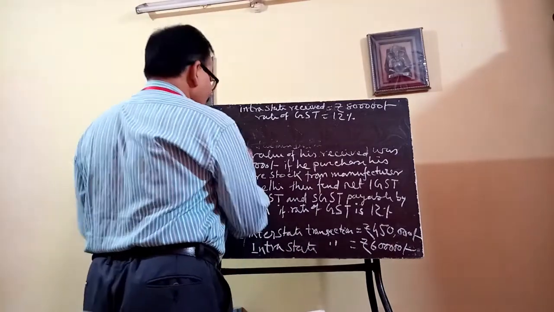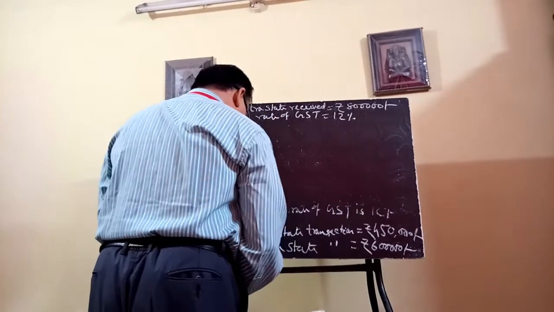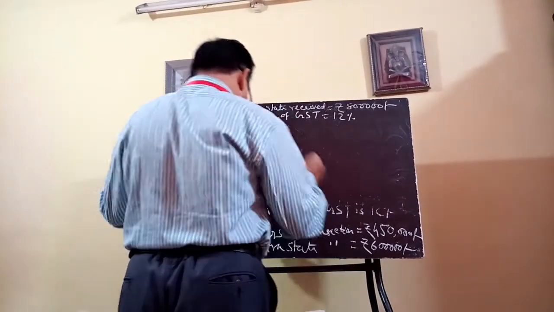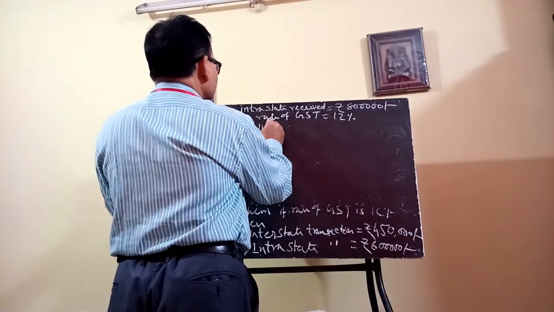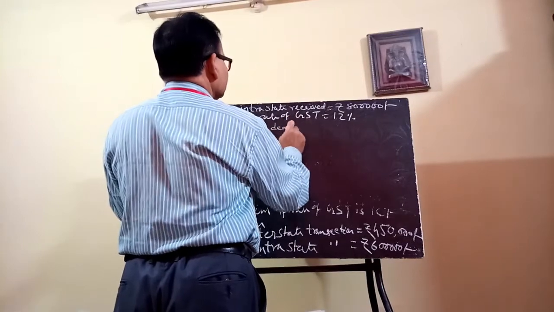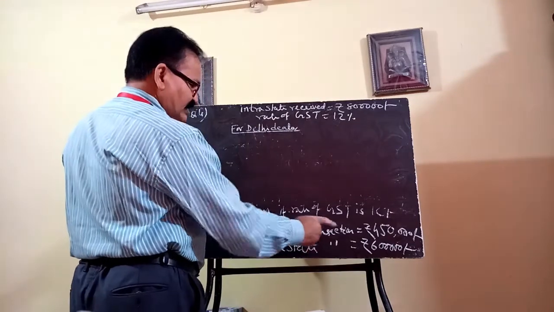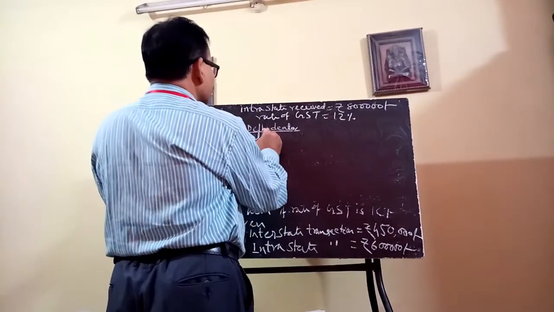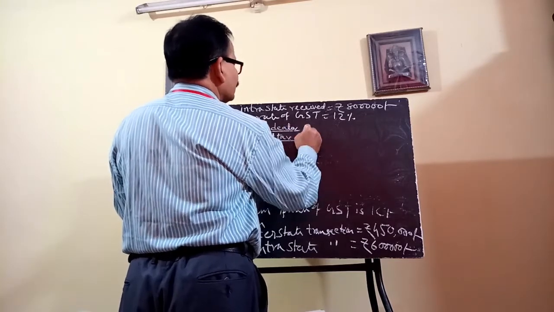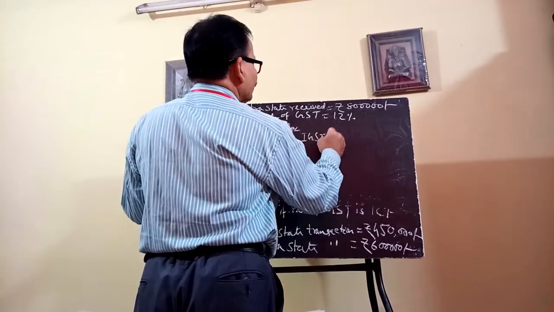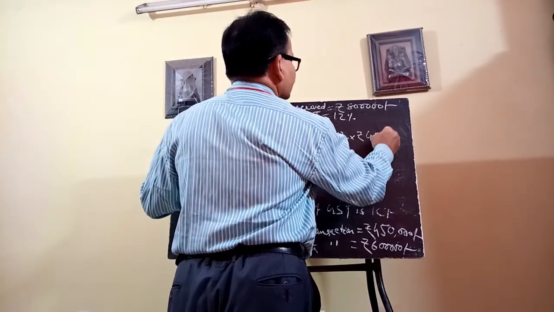Now your first attempt will be to calculate for the Delhi dealer. Your interstate transaction, that is your output tax, you have to calculate. So your IGST will be your 12% of rupees 4,50,000.